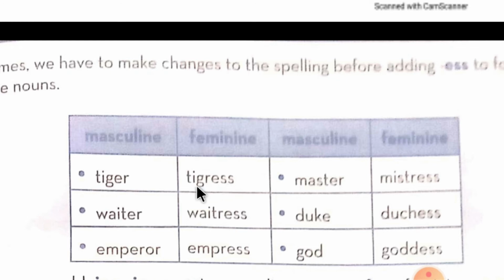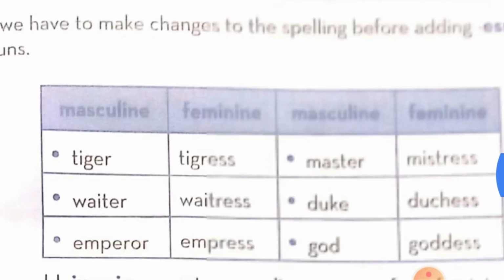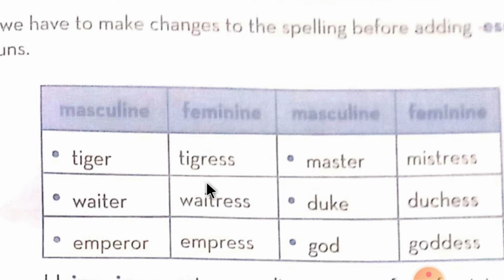Before adding ESS, we have to slight change in the spelling, and then it changes into feminine gender, that is tigress. Then waiter, WAITER. Here also slight change in the spelling, WAITRESS. So it is called feminine gender waitress.